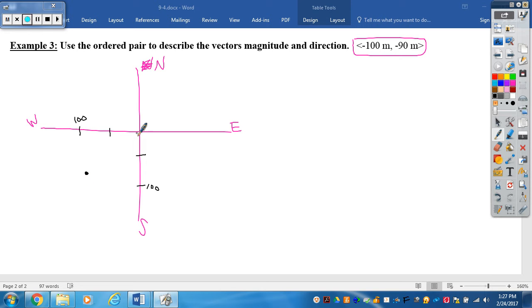Okay. So my vector actually goes from the initial point, so this point right here where it starts is called the initial point, to the terminal point. And those two terms will actually be on your next test. Initial point is your starting point of your vector, terminal point is the ending portion of your vector. Okay?